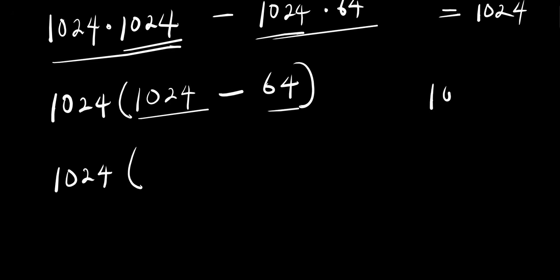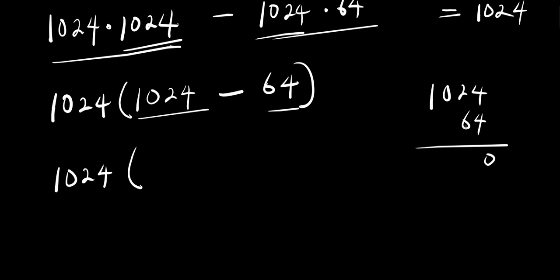Now, 1024 minus 64: 4 minus 4 is 0, 2 minus 6 cannot. We take 1 here, that is 10. Then from there we take 1 here, that is 9. So that becomes, if you take 1 from there, that is 10, and add to this becomes 12.